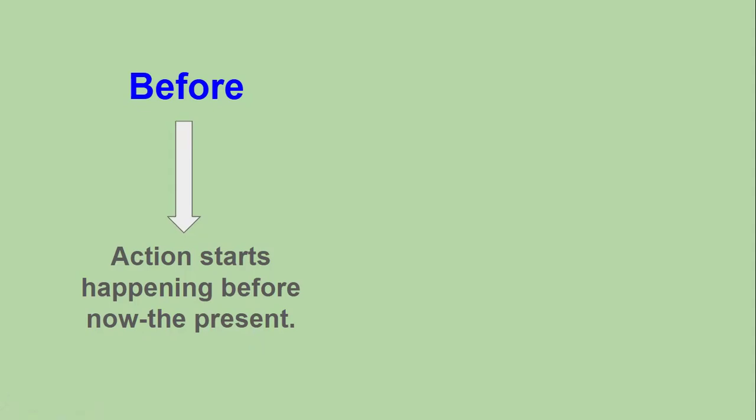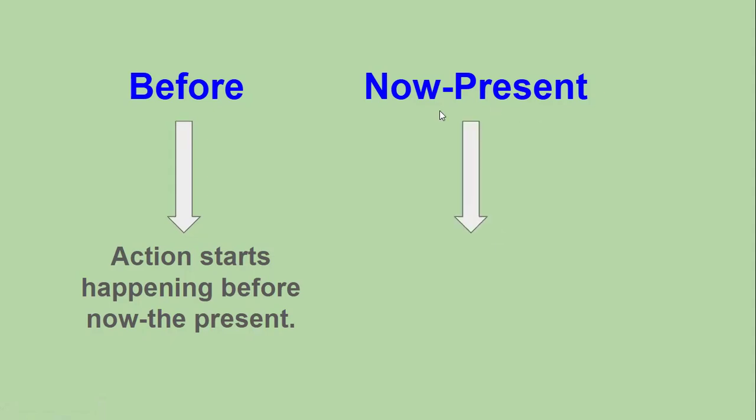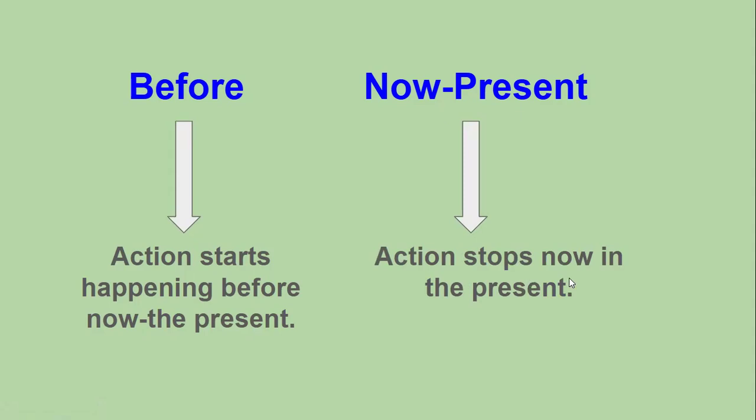And then what happens is that now, the present, as in the current moment, then the action stops now in the present. So this action started in the past, and it only stops right now, in this specific moment, in the present moment. That's when the action stops. It's no longer moving.